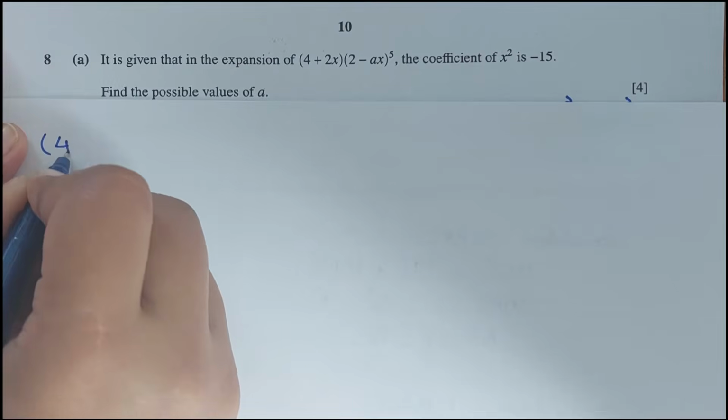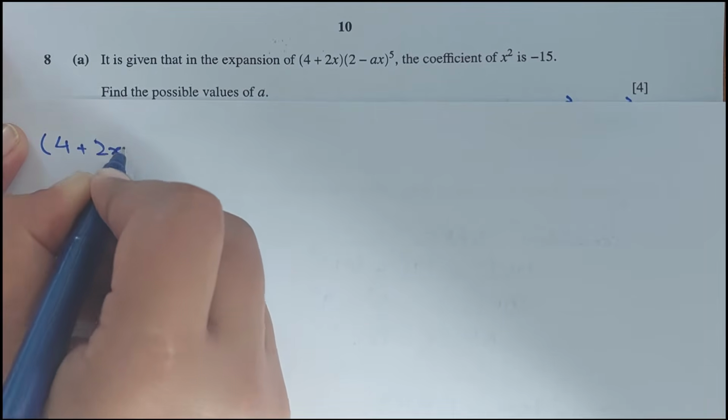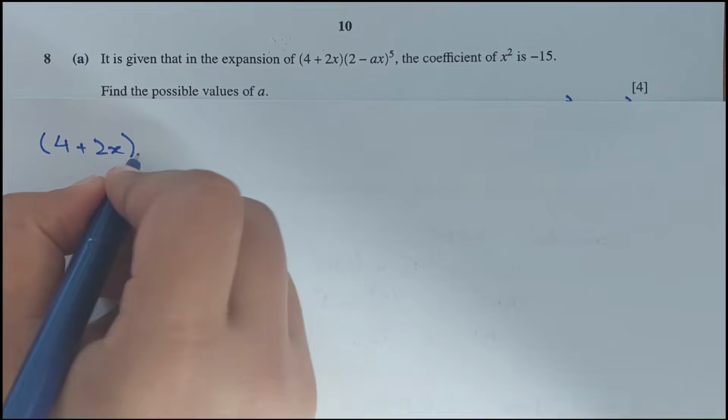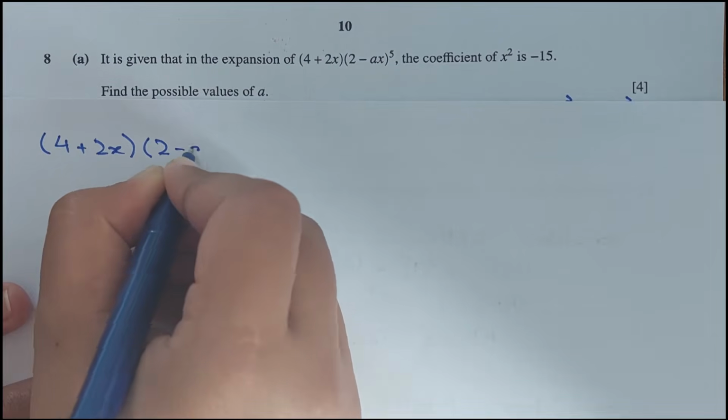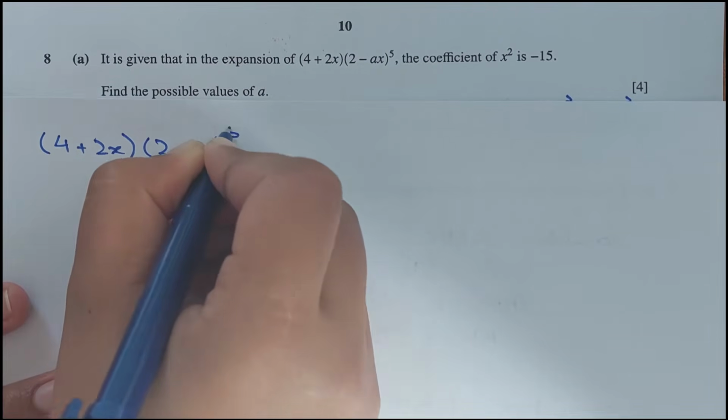So we have 4 plus 2x and the product with 2 minus ax to the power 5.